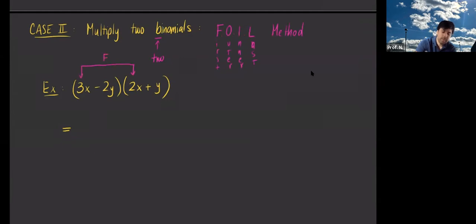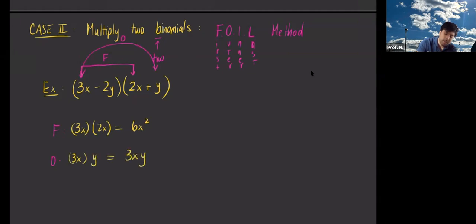What is F? 3x multiplied by 2x, which equals 6x squared. Then the outer terms are 3x multiplied by y, which equals 3xy.